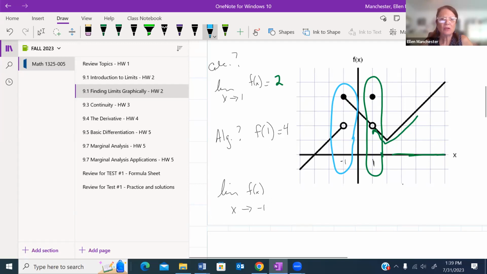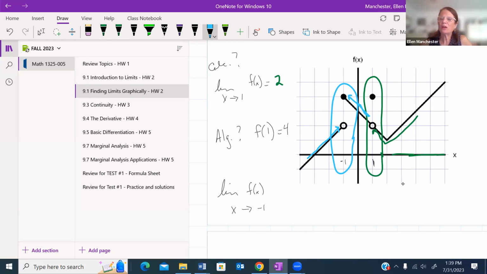Because when I approach from the left, and I'm approaching where x is -1, you can see that I'm heading towards y is 2. I'm coming in from the left, because there's nothing else down here, right? The graph isn't down here. The graph is up here. Now from the right, I'm approaching and I'm heading towards 4. Y is 4. So now I have a problem.